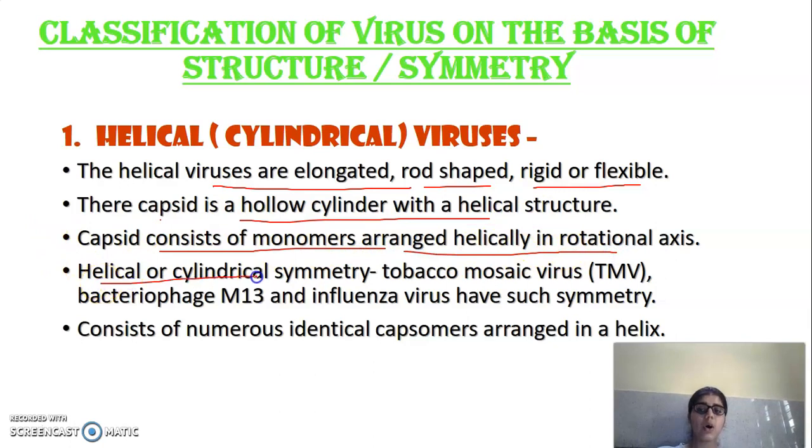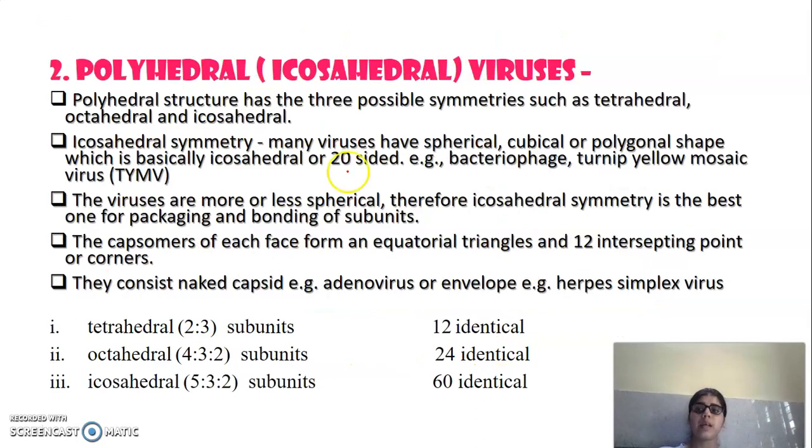Helical or cylindrical symmetry virus examples are tobacco mosaic virus, bacteriophage M13, and influenza virus. The helical viruses consist of numerous identical capsomers arranged in a helix form.